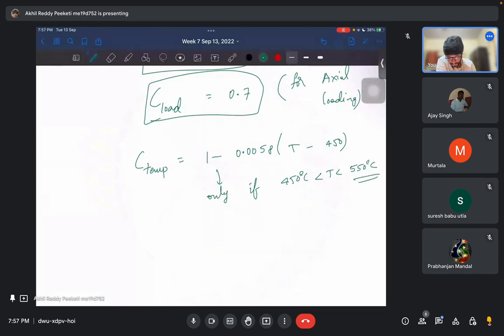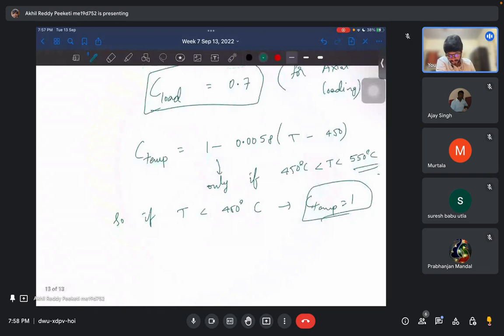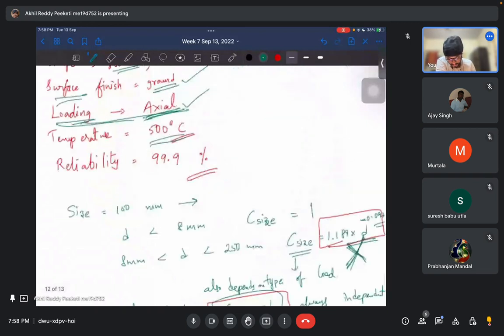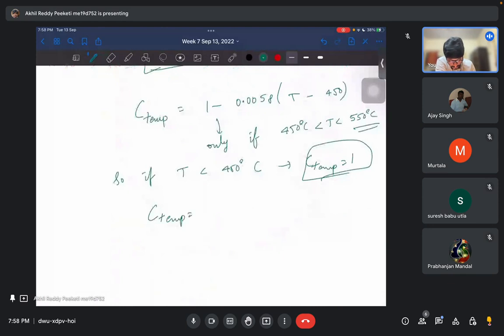If T is less than 450 degrees Celsius, then C temp is 1 only, so there is no need to take a temperature correction factor. But here the temperature is given as 500 degrees Celsius. So C temp is equal to 1 minus 0.0058 into 50. Okay, let me calculate that. It is 0.7.